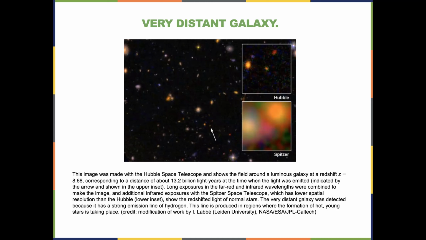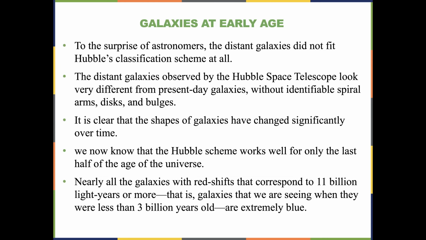Like if you look at a galaxy that is around 12 to 13 billion years away from us, we discussed that the shapes are completely different and they will not actually fit into this Hubble classification system, which is the Hubble tuning fork diagram, right, that you have done.